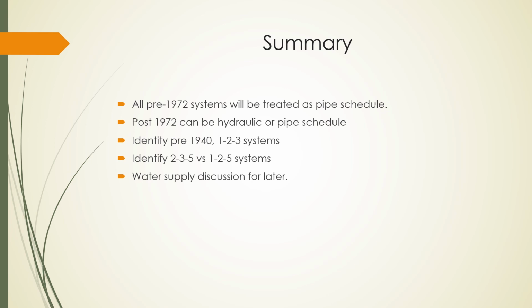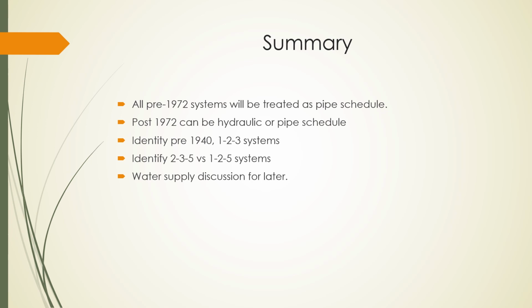And in the next presentation, I will demonstrate how to easily distinguish between a pipe schedule and a hydraulic system. We need to identify pre-40 systems, because of the 1-2-3 system with the 3/4 inch end lines. We're also going to need to be able to identify the 2-3-5 system from the 1-2-5 system.